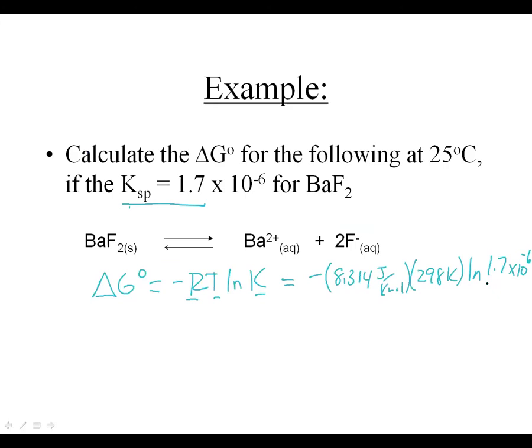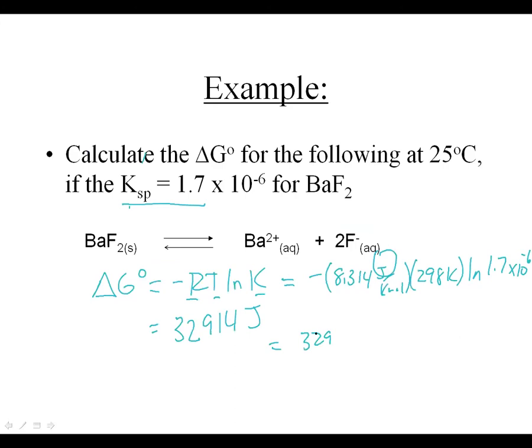And if we put all that in, we will end up with a delta G value of 32914. Again, this would be in joules based off of this number.